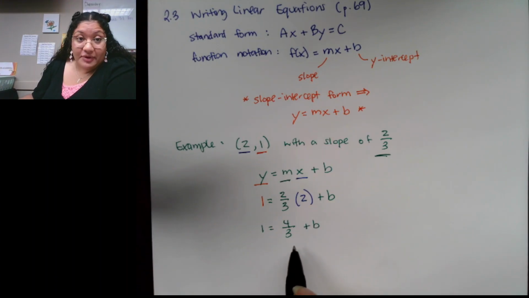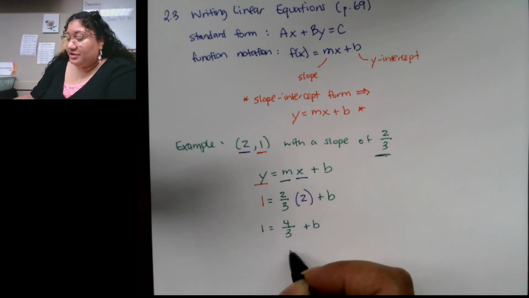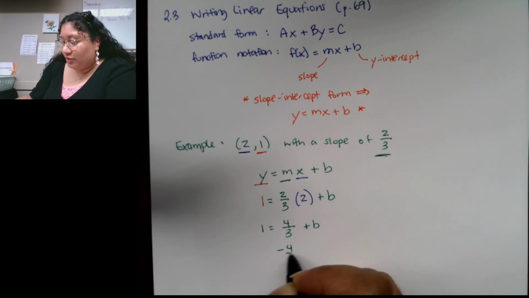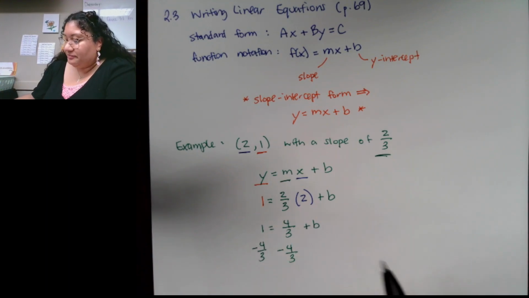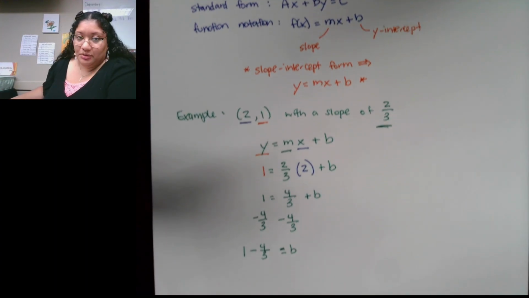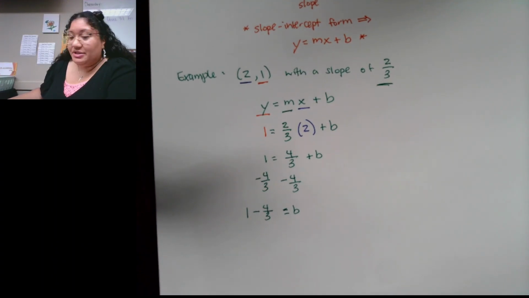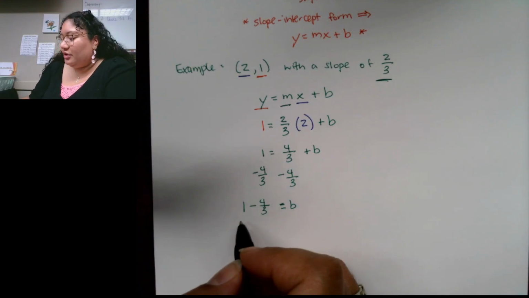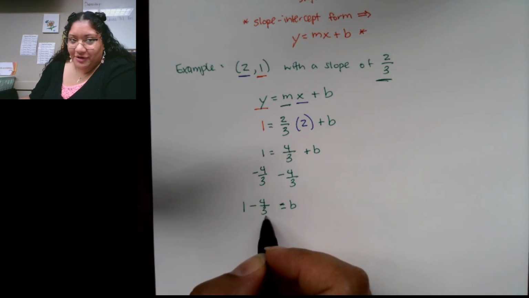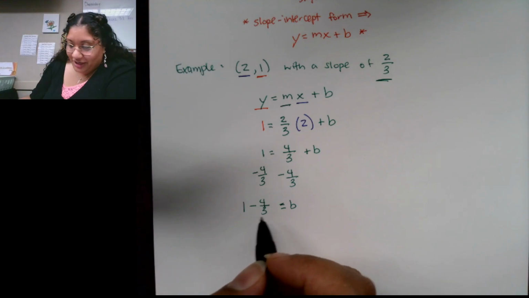I gotta get b by itself, so I'm gonna subtract the 4/3, subtract the 4/3. So I have 1 minus 4/3. Can I subtract them the way they are written? No. I gotta make sure they have common denominators. Okay, so what denominator should I make them? 3.